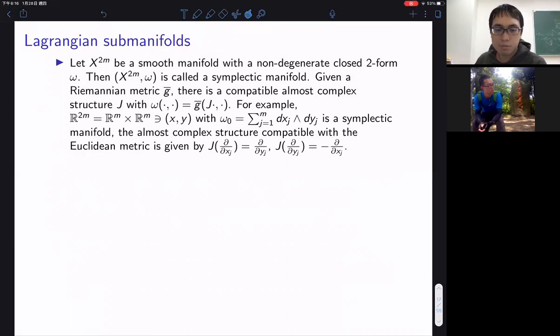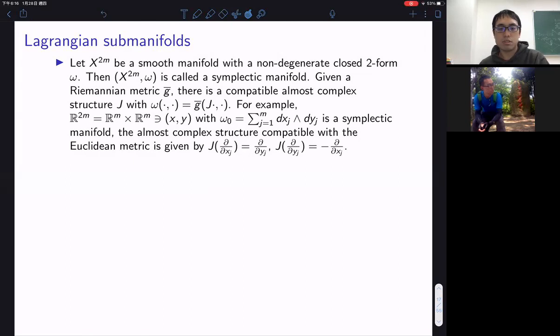The typical example would be the even dimensional Euclidean space R^{2n} with coordinates x_j, y_j. The symplectic form omega naught is just the wedge of dx_j with dy_j, summed up. There's an almost complex structure compatible with the Euclidean metric.